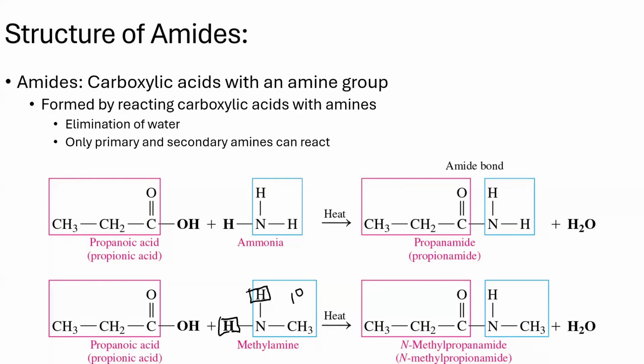So you remove one of the hydrogens, you remove the OH group, and you form a new carbon nitrogen single bond, but you leave the rest of the molecule the same. This is just ammonia, basically nitrogen with three hydrogens, but it's the same thing. If you remove the OH, remove one of the hydrogens, you're forming a new carbon nitrogen single bond, and that would be your amide.